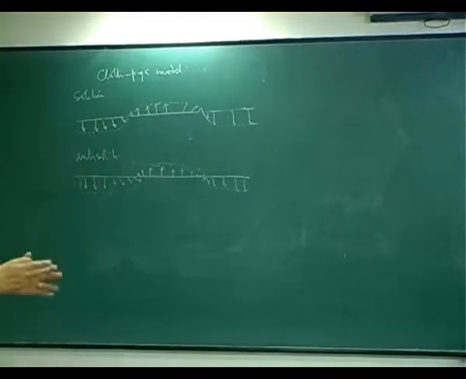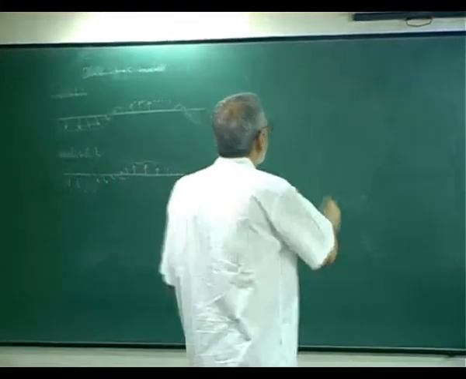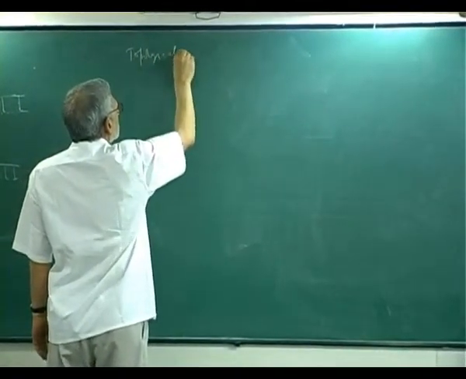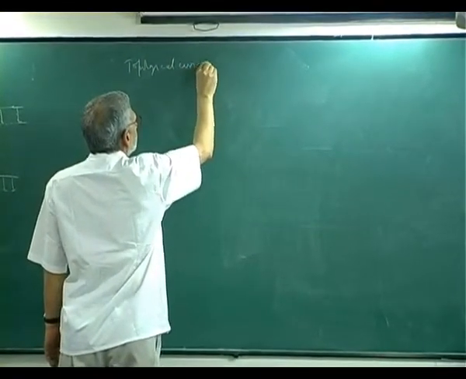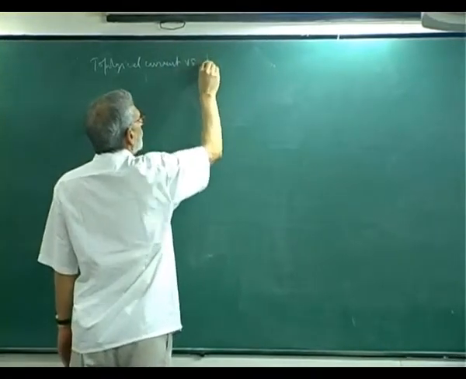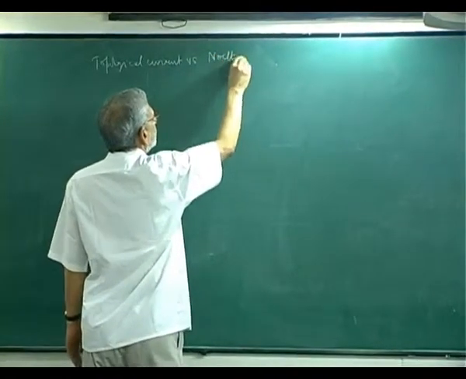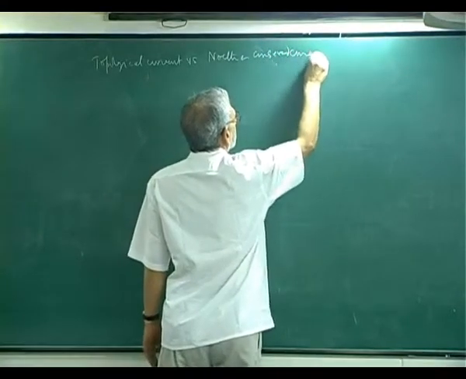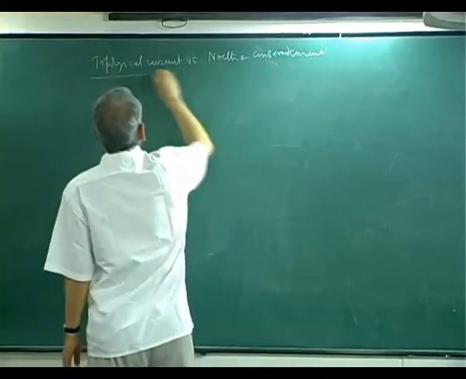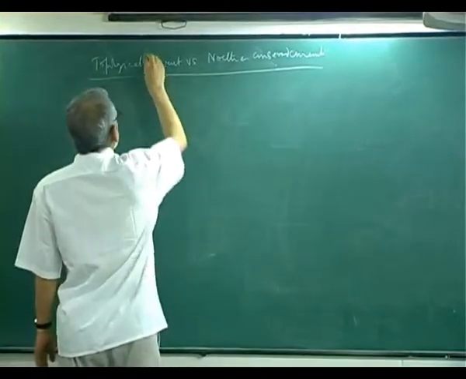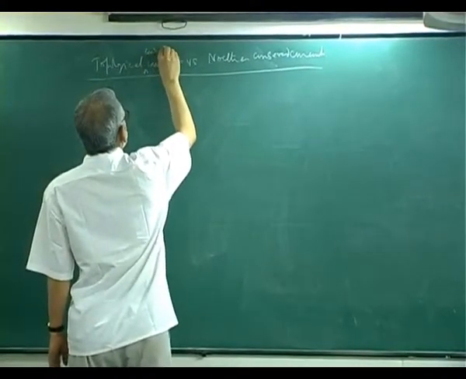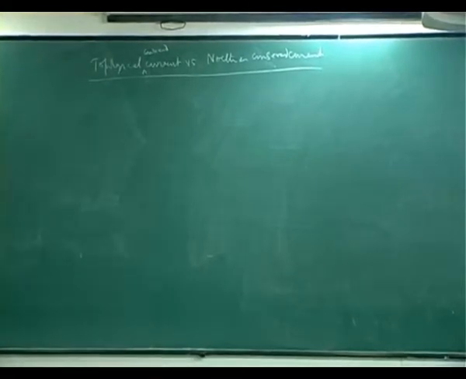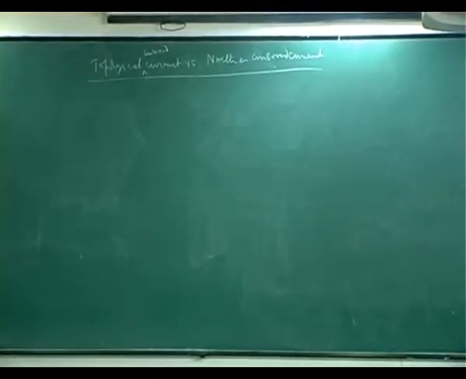And that topological current is different from the Noether conserved current. So, topological conserved current versus Noether's current. What are the properties that distinguish them?